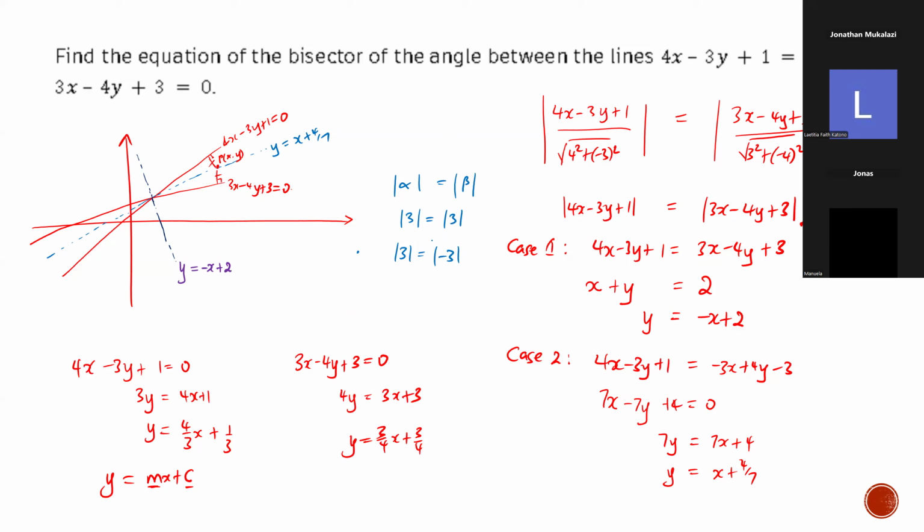That's why we use the negative as well. That's why we take the two cases, because we're just taking the absolute value. If we want the real number itself, I'm not sure whether it's positive or negative, so we have to do both cases. And indeed, both cases give us the actual bisector. I hope that answers your question.